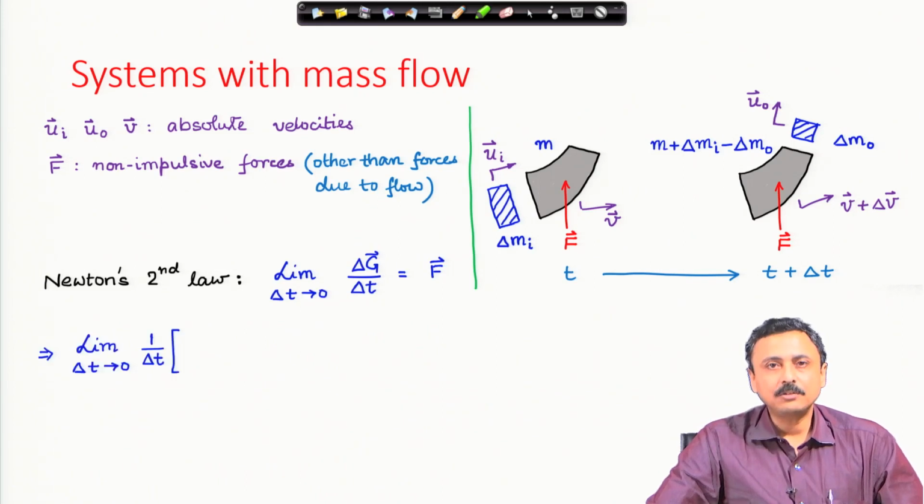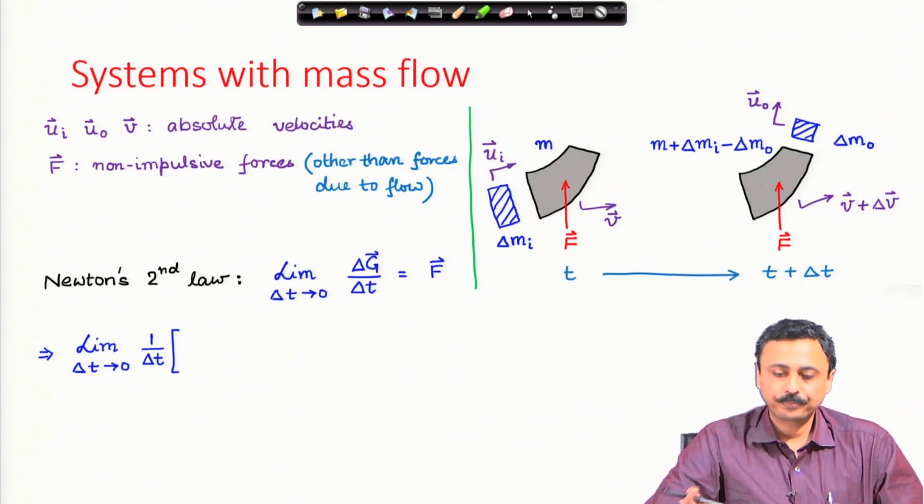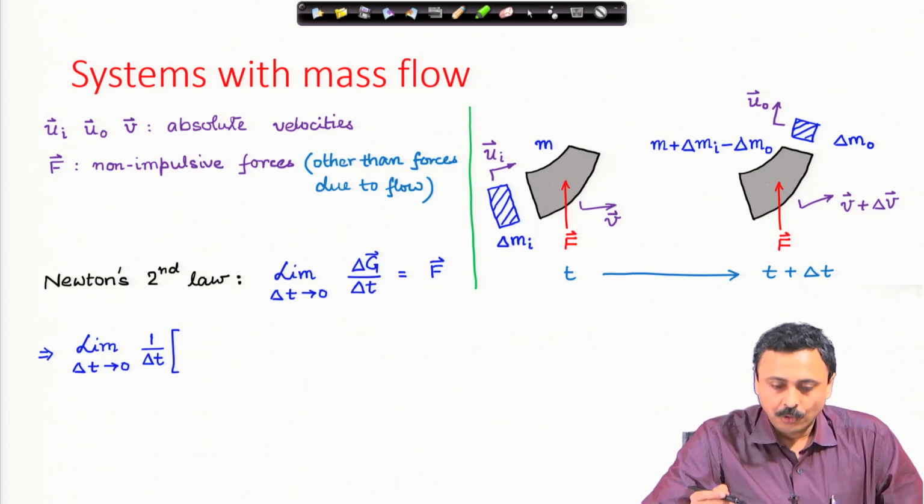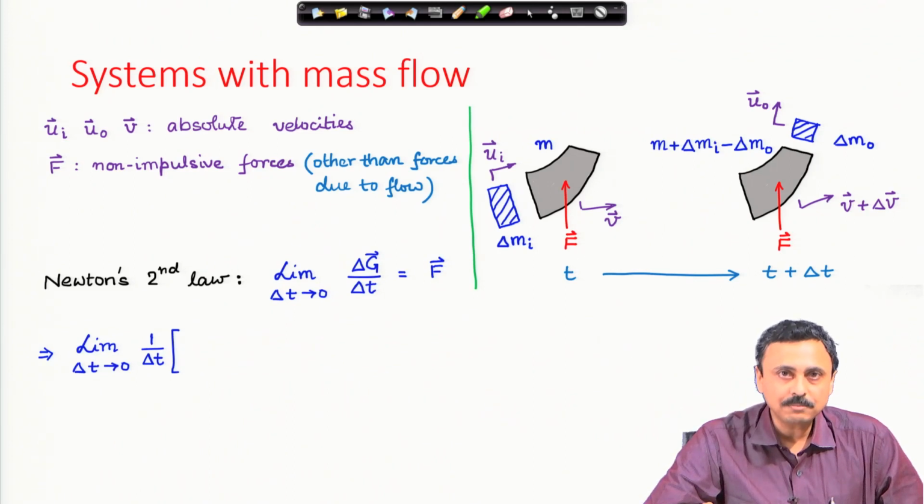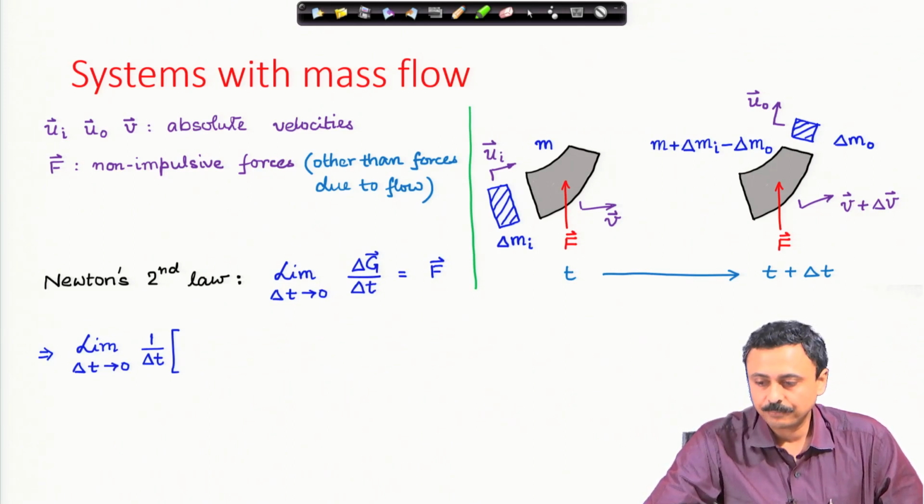Therefore, we start with limit delta t tends to 0, 1 over delta t. Now, I have to write in brackets what is the change in linear momentum of the whole system. Change in momentum is final linear momentum minus initial linear momentum. What is final linear momentum?